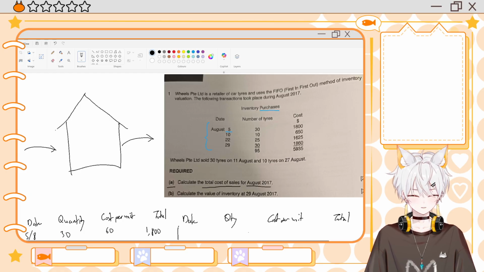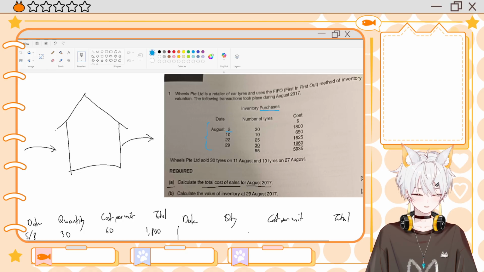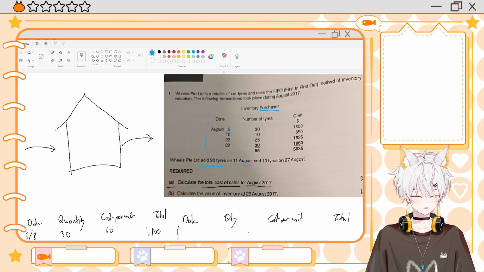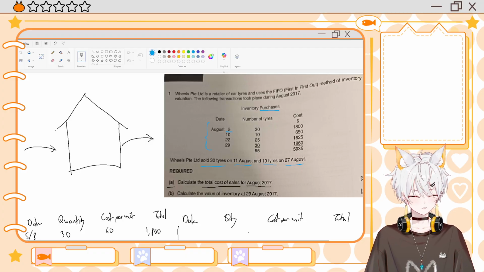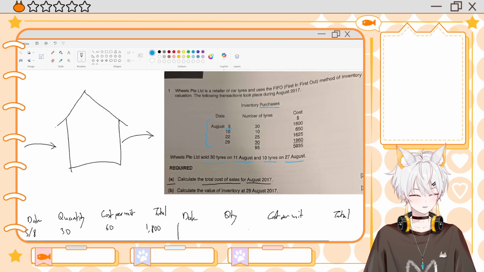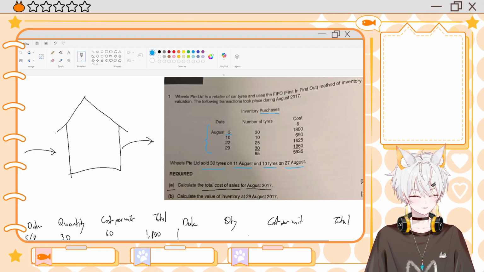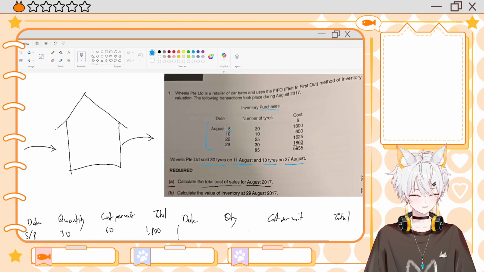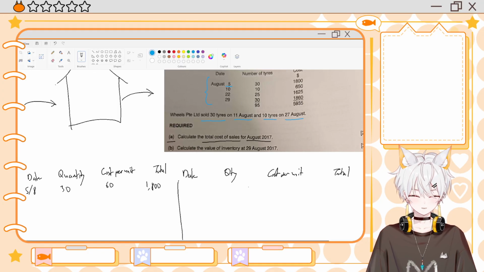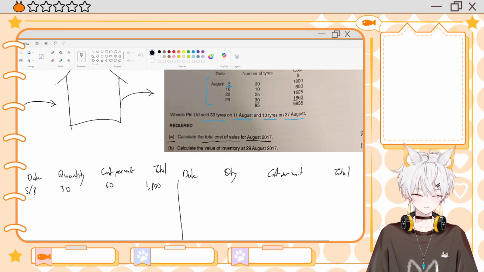The next thing you want to look out for is the dates at the bottom where they sold tires. On the 11th they sold 30 tires, and on the 27th they sold 10. The 5th is way earlier.